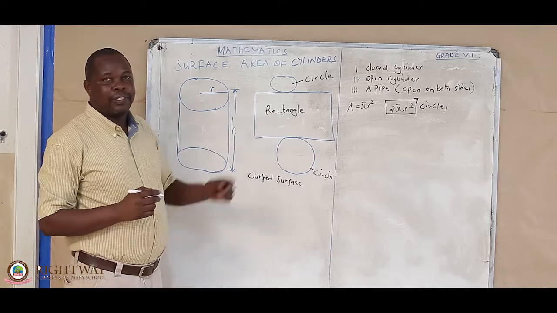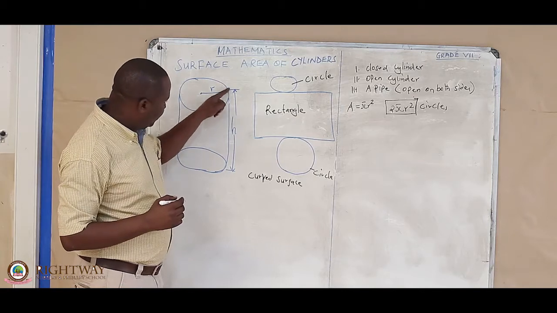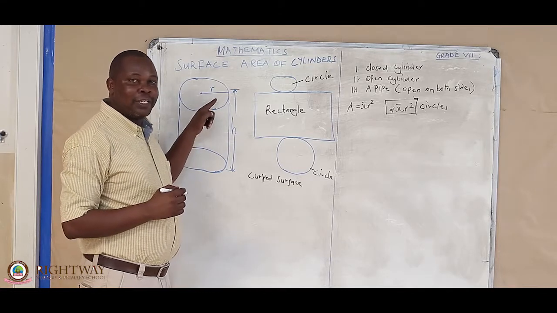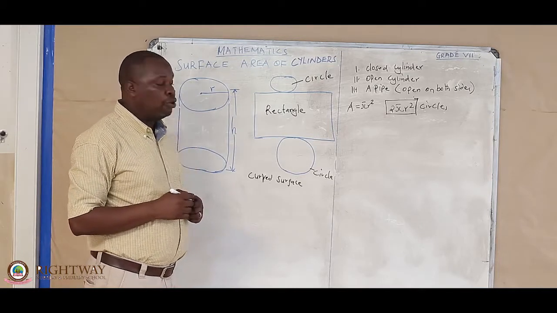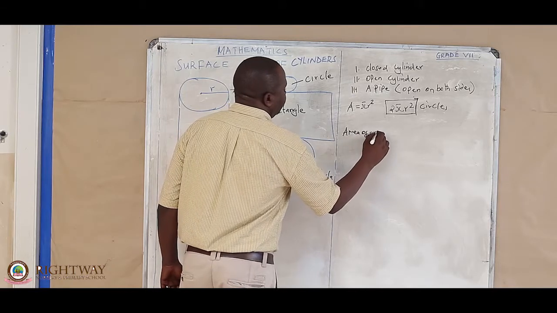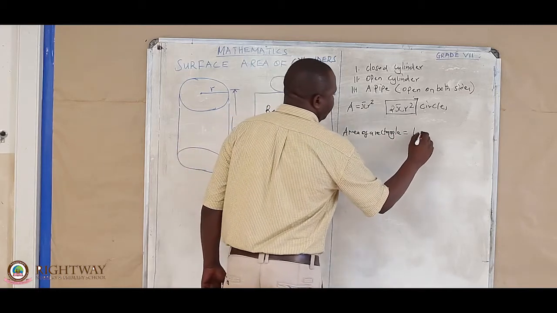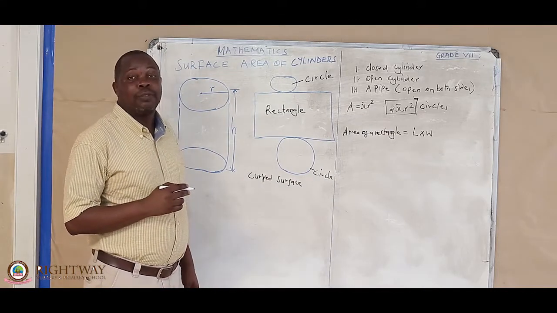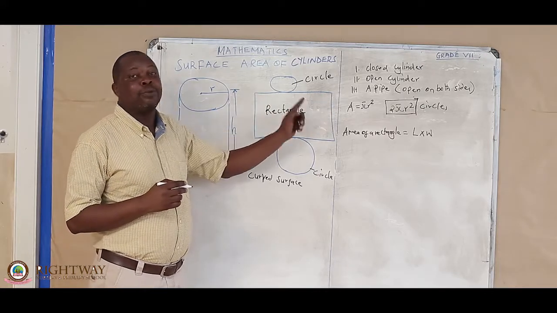Now come to the curved surface. When it is fitted on this circular part, we need to find the circumference of the circle. The circumference of this circle is the same as the length of the rectangle, because we know area of a rectangle equals length times width. And our length is the distance from here to here, but that is when it is open.